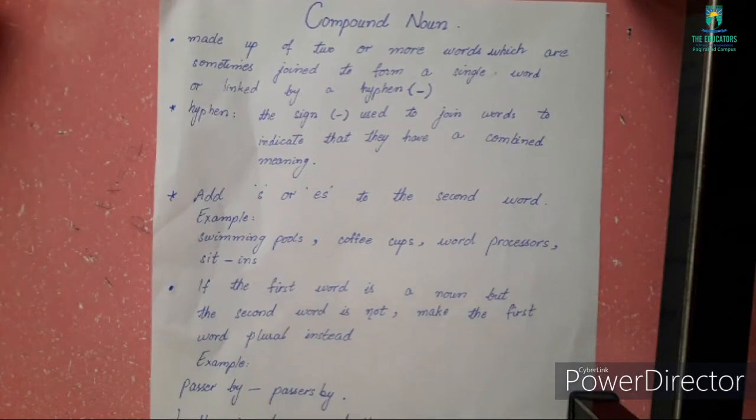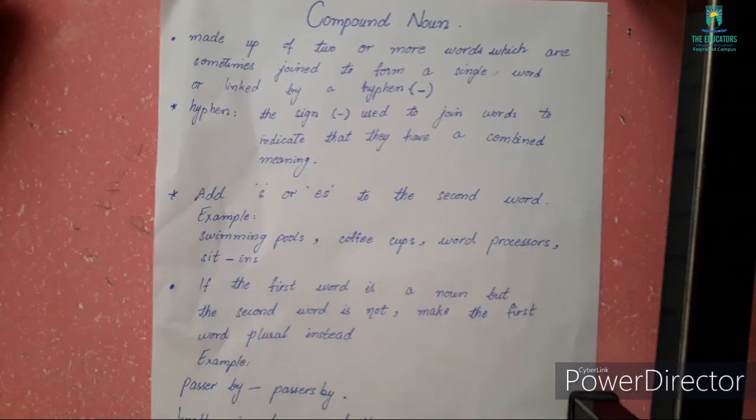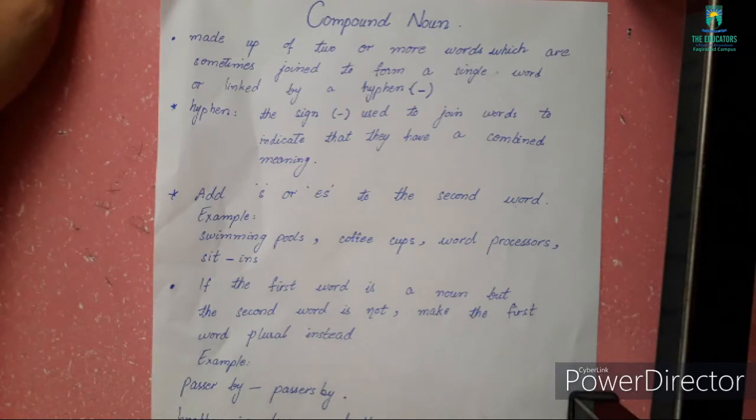When we combine these two words, it becomes a compound noun. Okay? Word processor, word and processor, these are two words, and when we combine them it becomes a single word, a compound noun, word processor. So I hope you have understood what a compound noun is.